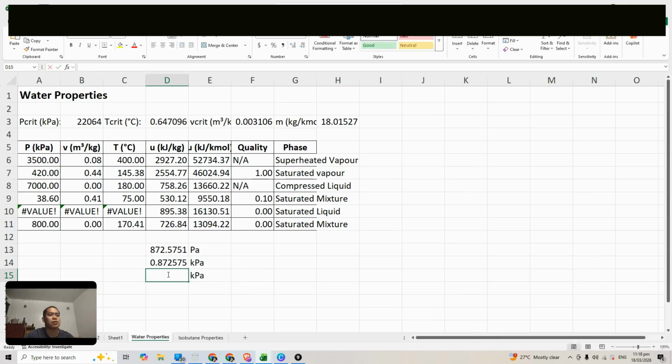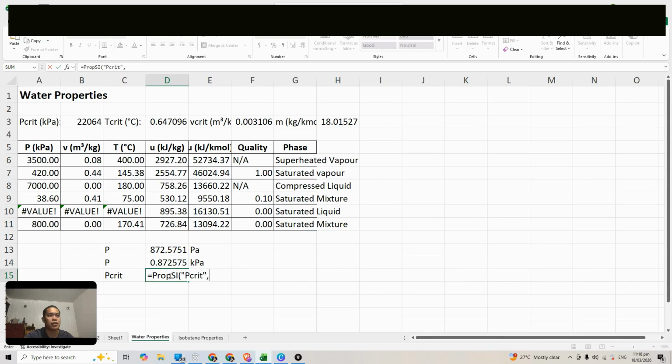Let's label it P. This is also P. This one's going to be the peak rate. So the peak rate formula is going to be, let's call PropsSI. So equal PropsSI. Then let's ask for the peak rate. I need the peak rate. Can you give me the peak rate?